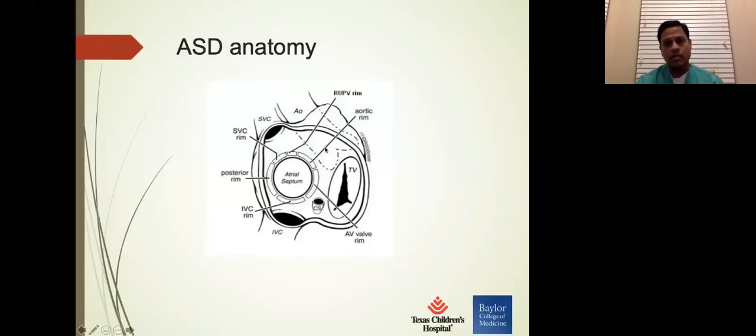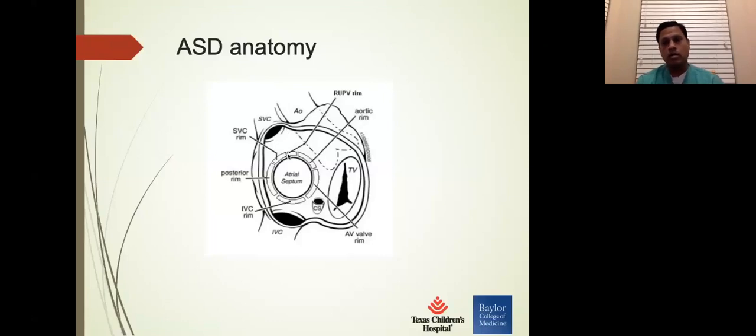The parasternal short axis view, which is through the aorta, will tell you about the retroaortic rim and also the posterior inferior rim. And the right upper pulmonary vein rim you can get from the subcostal short axis or sagittal view, and this also can be obtained during TEE when you rotate the probe to 30 degrees.